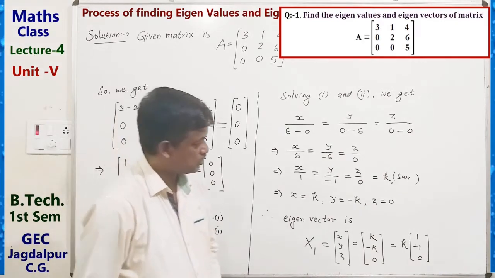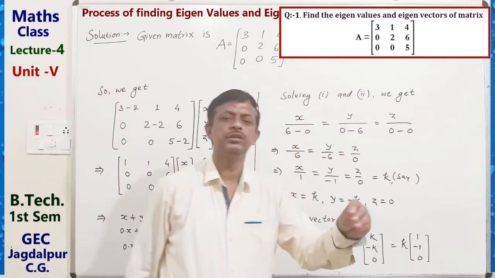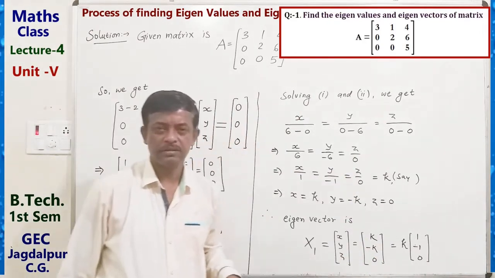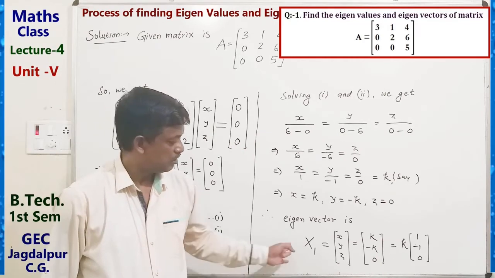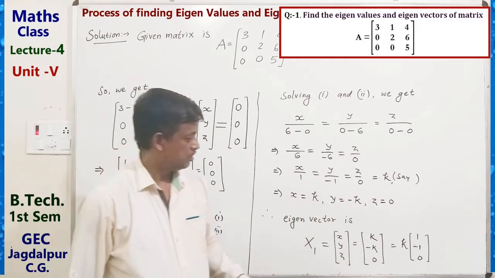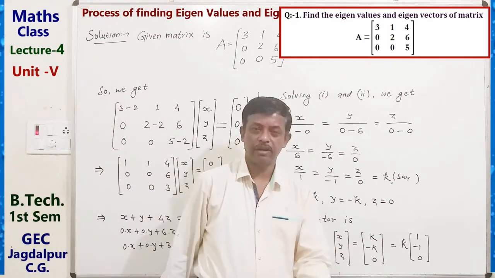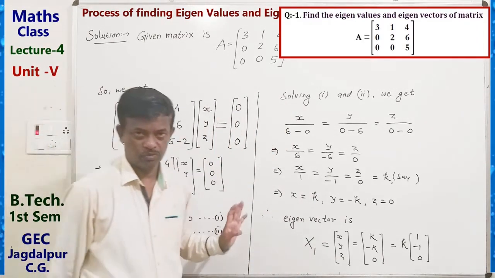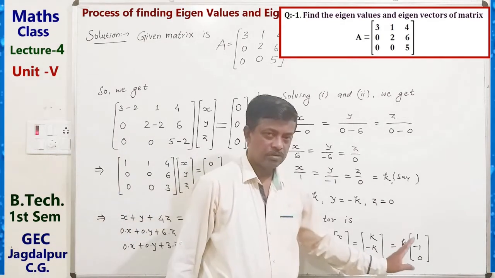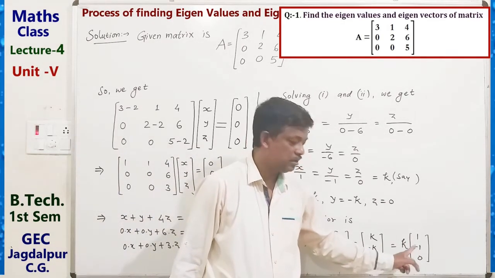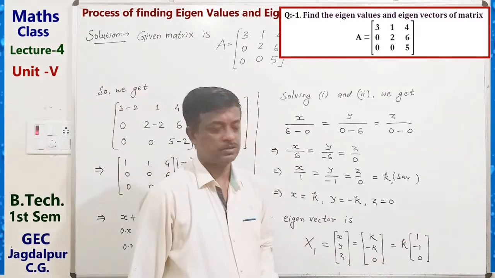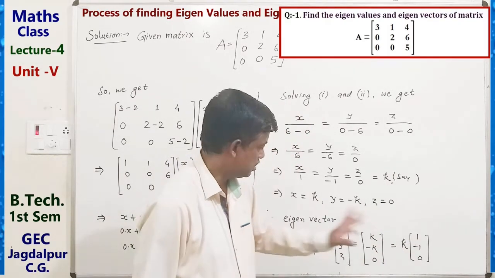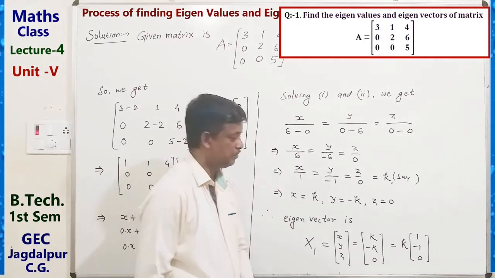If we put k equals 1, 2, 3, 4, an infinite number of values, we can get infinitely many eigenvectors. So it can be taken as an eigenvector corresponding to the eigenvalue lambda equals 2. For k equals 1, we can write only 1, minus 1, 0. So this is the eigenvector.